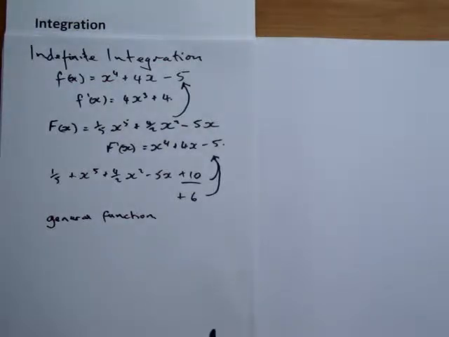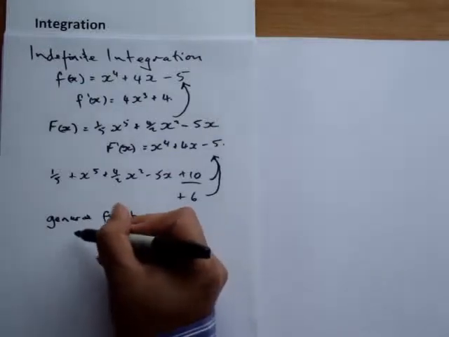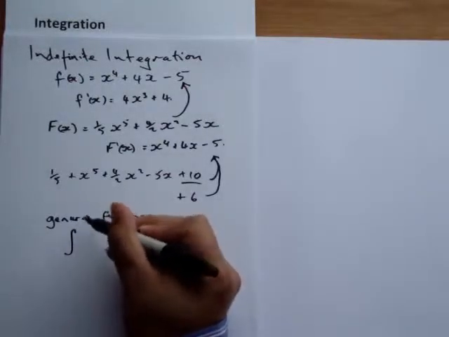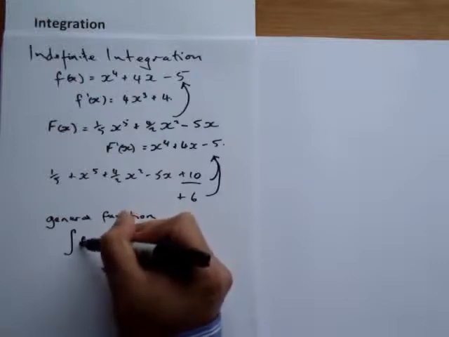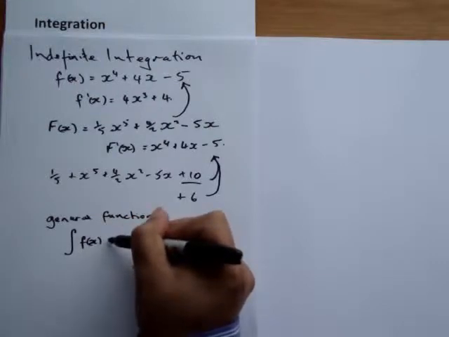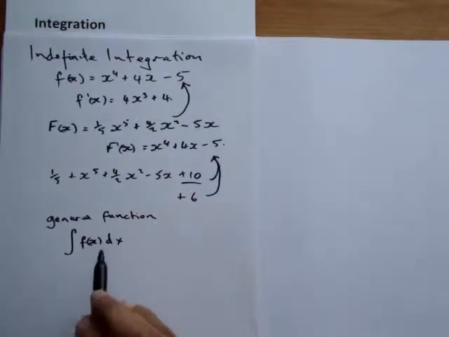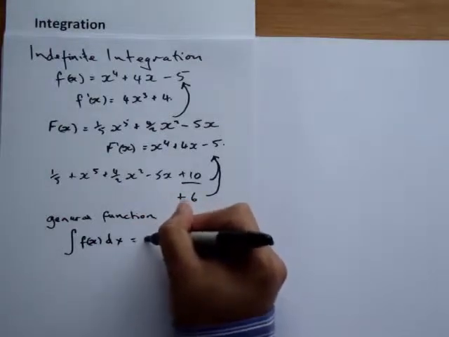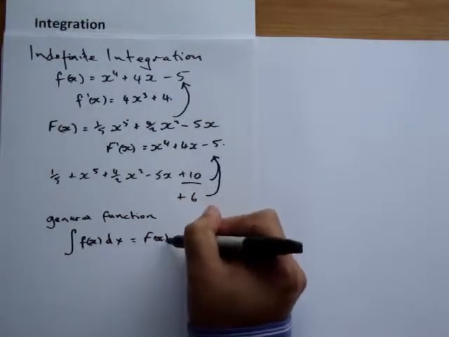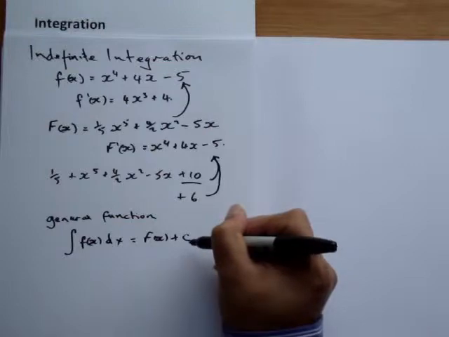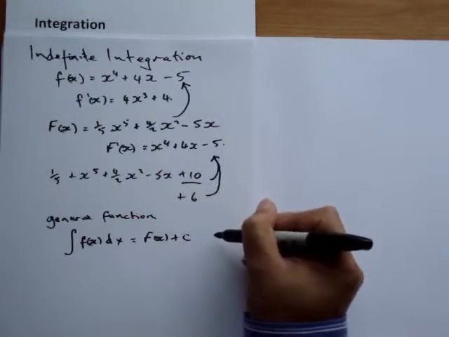Let's have a look at how we write out integration. So in general form, the integral, that's the integral sign, of f of x dx, the dx is important, equals F of x plus c, and the c is important.